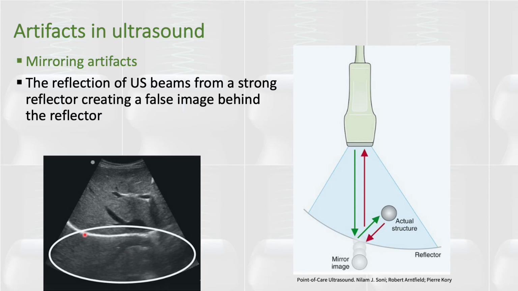But sometimes you might get this image if you're examining a highly reflective surface. You just have to be aware of this artifact, so that when you see it, you realize, oh, this actually looks very similar to this structure above the reflector surface. So this is probably a mirror artifact, and there's no vessel here.